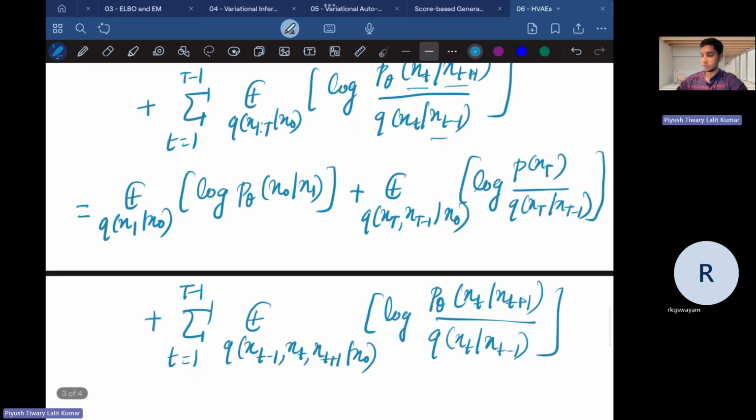It's just removing the unnecessary random variables, that's all.